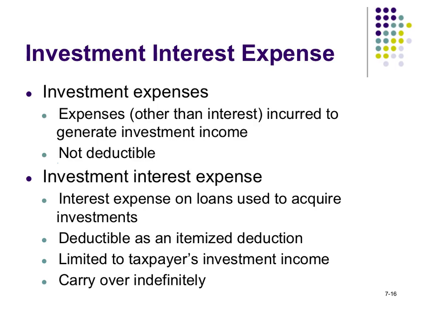Investment interest expense, we've talked about this already. This is interest expense on loans that you use to acquire investments. It is deductible, but it's a from AGI deduction, and it's limited to the amount of your investment income. Now, anything that's disallowed in the current year is then carried over.